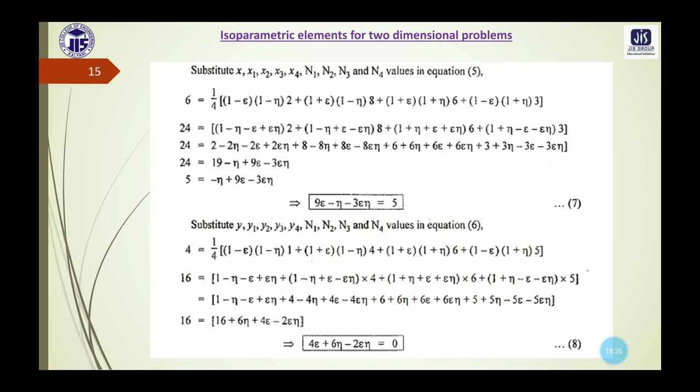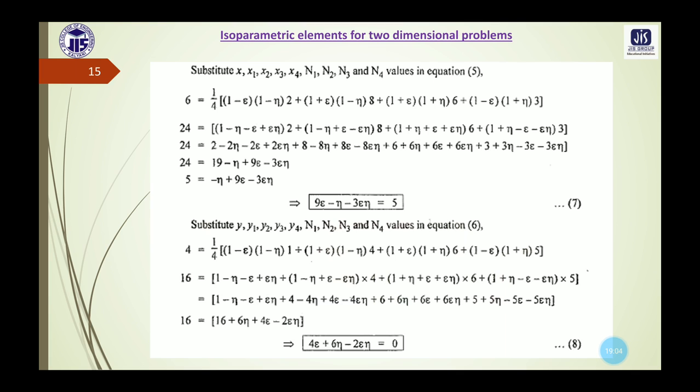Now if we substitute the values of x, x1, x2, x3, x4, then n1, n2, n3 and n4 in equation number 5, these are the steps which are given here. So we need to perform these 5 different steps and finally we get equation number 7, that is 9 epsilon minus eta minus 3 epsilon eta equals 5.